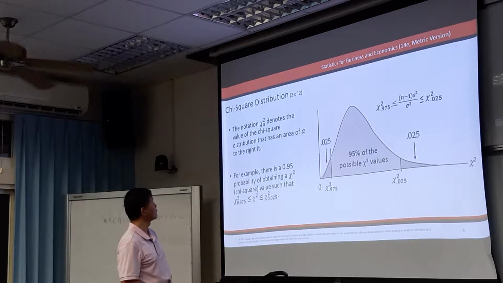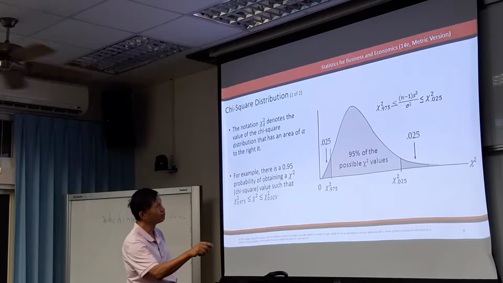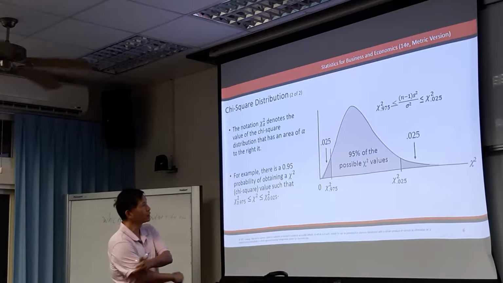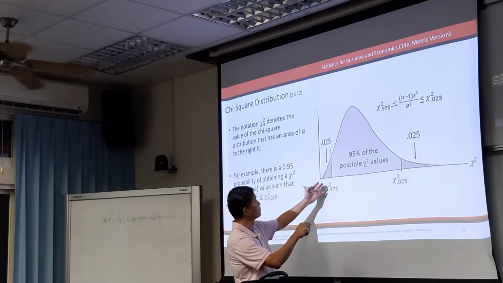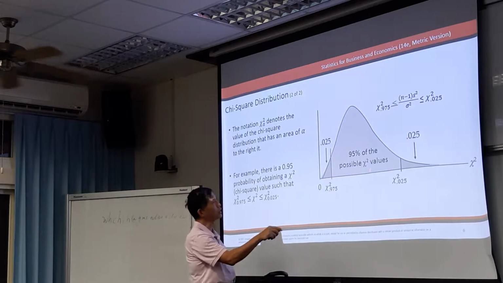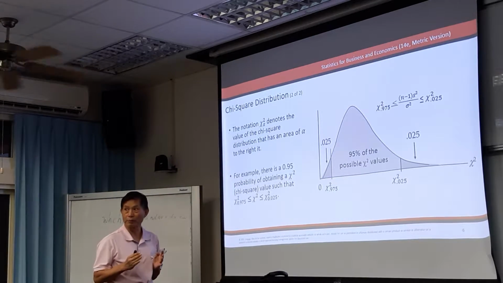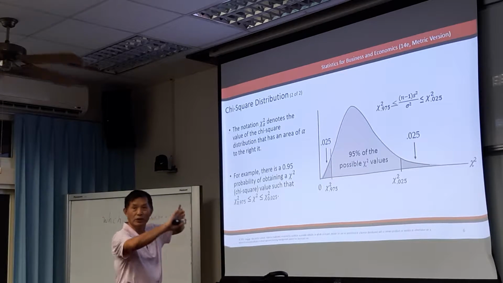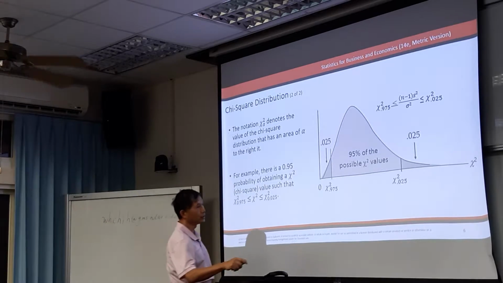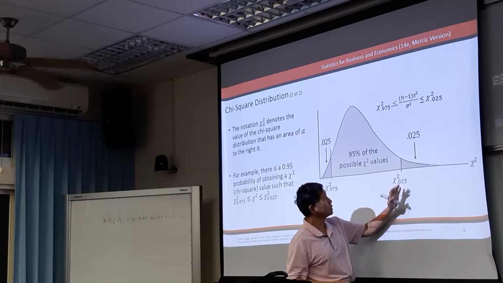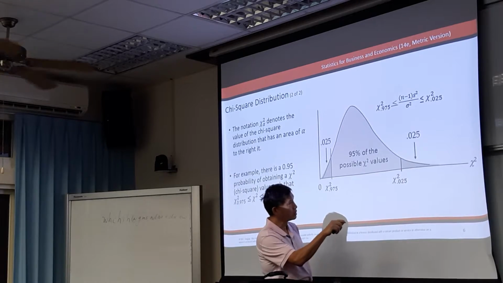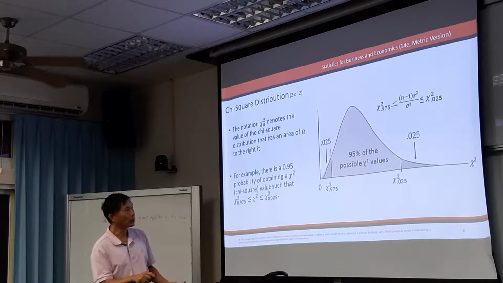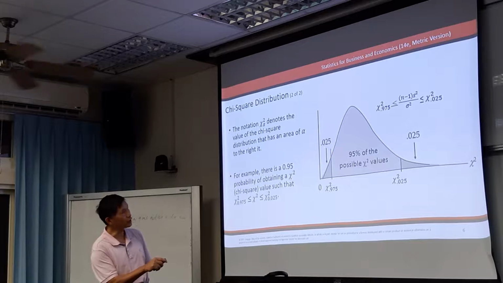And so we are interested in a confidence interval for the population variance. Okay. And this is the chi-square value. If we are interested in a 95% confidence interval for the population variance, that means we have 2.5% on either side. This means there is 2.5% on the right, and on the left hand side is 2.5%.